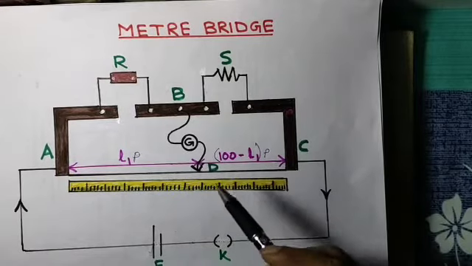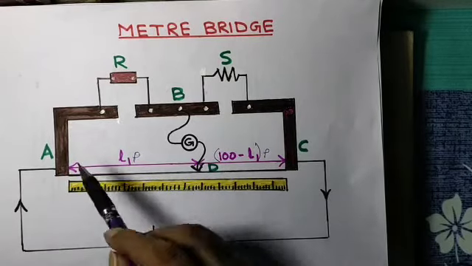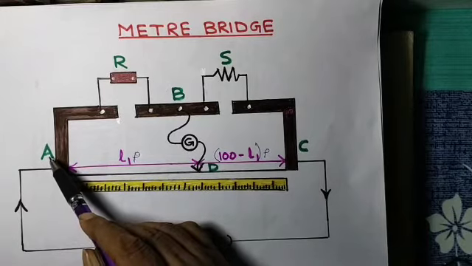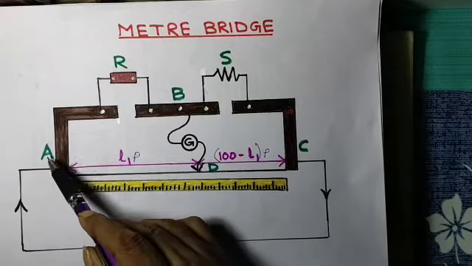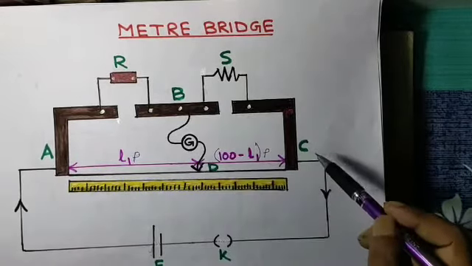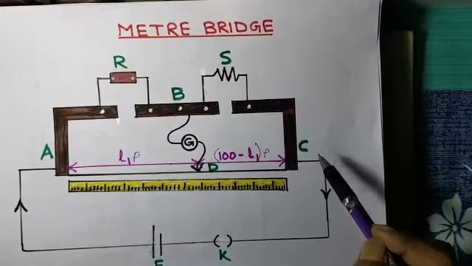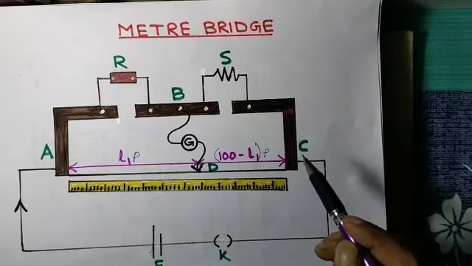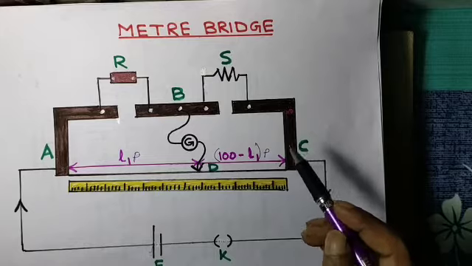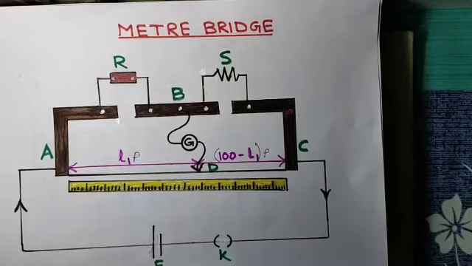In the diagram, it has been shown that there are three thick metal strips, A, B and C. These strips have been prepared from copper or brass.